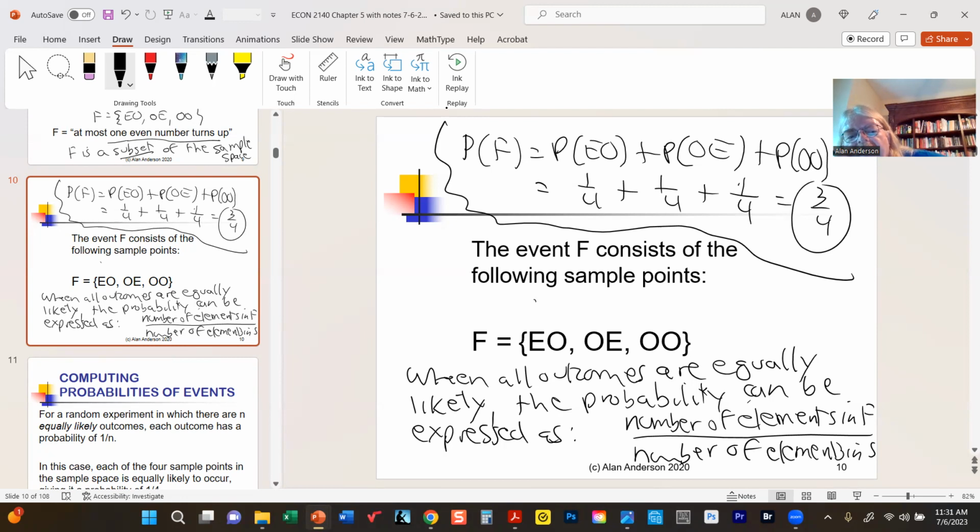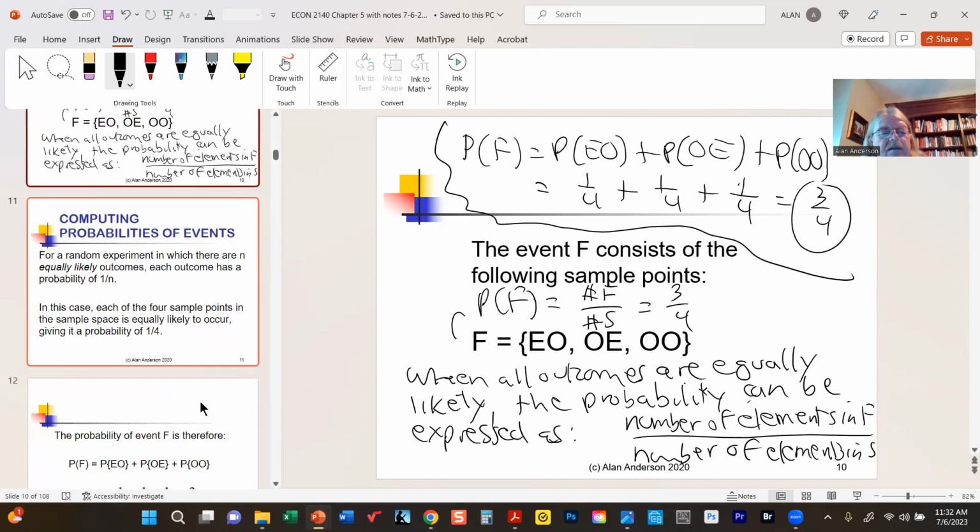But to further simplify things, if the outcomes are all equally likely anyway, then you can just count them. And here we would have 3 out of 4. I'll write that as number F over number S, which is 3/4. Okay, so either way, you're going to get the same thing.